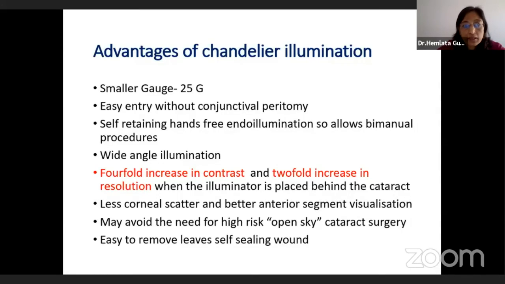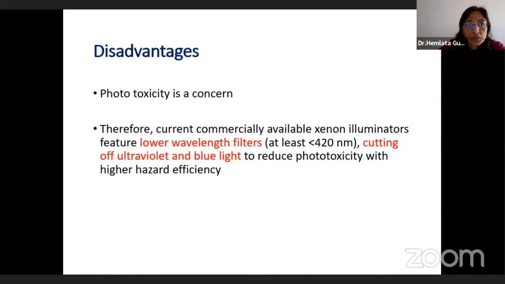Because of the wide angle illumination, there is a 4-fold increase in contrast and 2-fold increase in resolution when the illuminator is placed behind the cataract. There is much lesser corneal scatter and better anterior segment visualization. We might avoid the need for high-risk open sky cataract surgery if we're using chandelier, and it's very easy to remove, leaving a self-sealing wound.